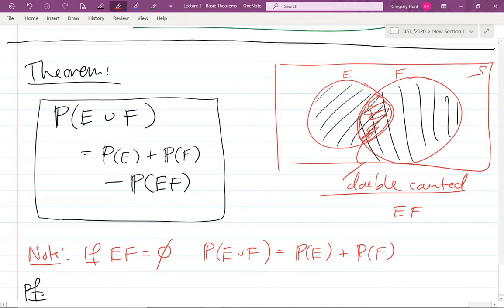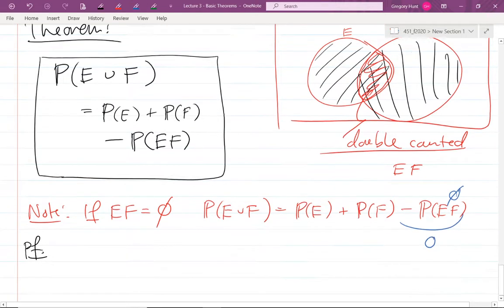Does our theorem conflict with that? No. If we know that E and F are disjoint, their intersection is empty, and so we would subtract off, according to our theorem, the probability of EF, but we're subtracting off the probability of the empty set, and that's 0. So we don't violate any rules here.